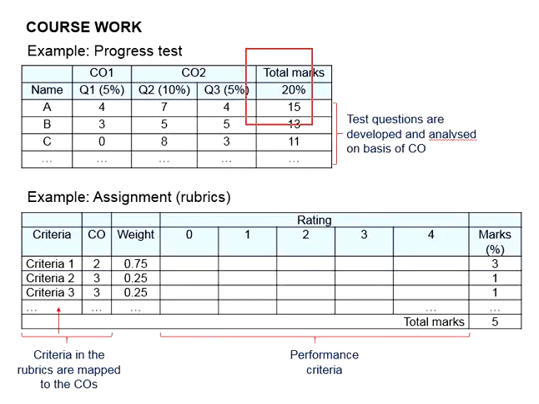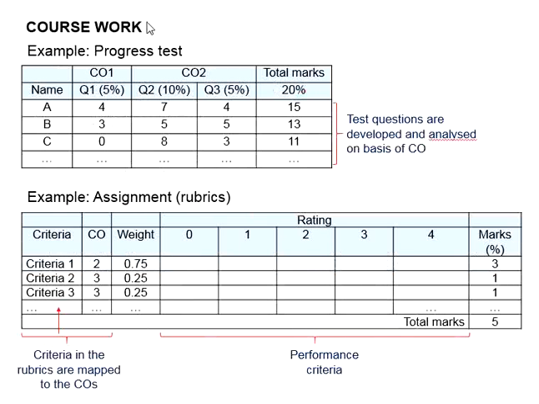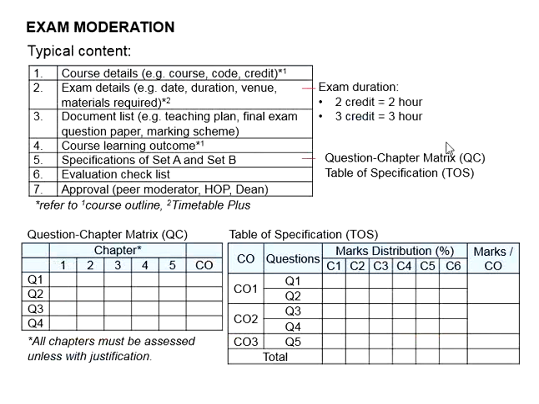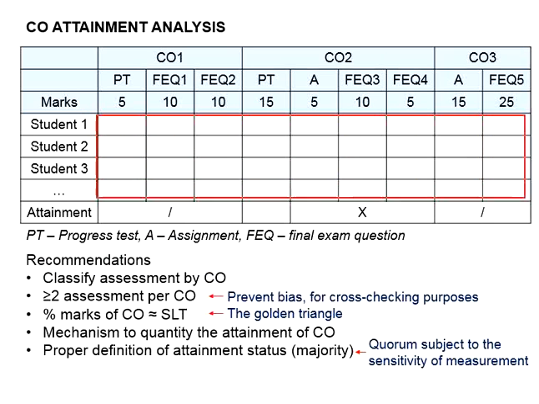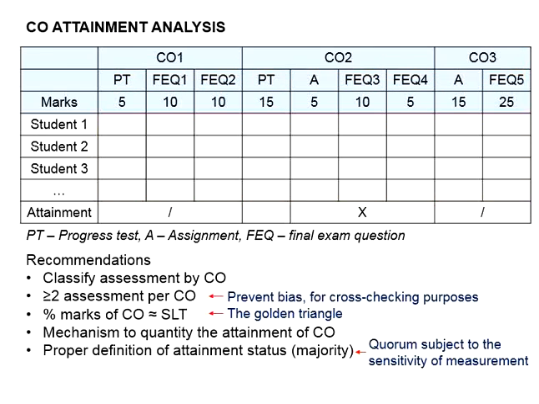After you have acquired all the results from the students, the progress test, assignment, as well as the final exam, where every single assessment is designed in accordance with the COs, you can now group the results in accordance with the respective COs.